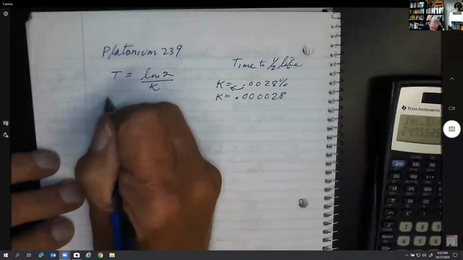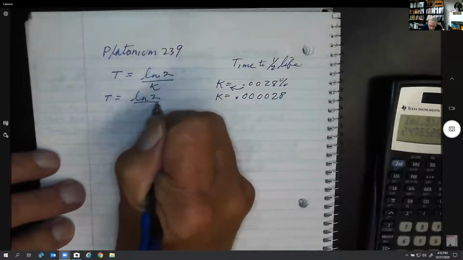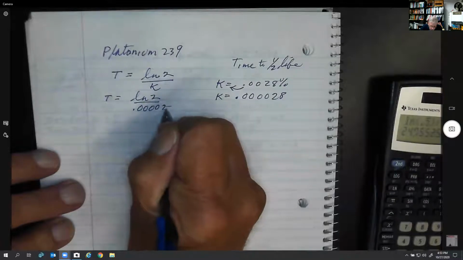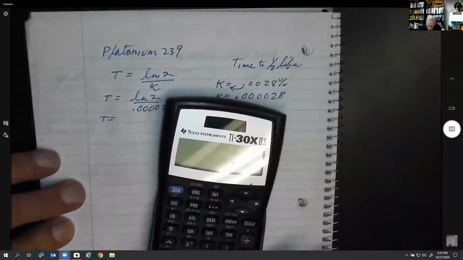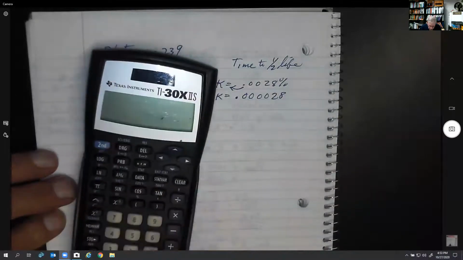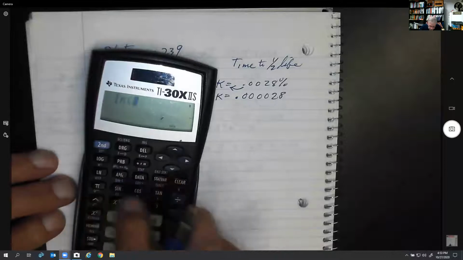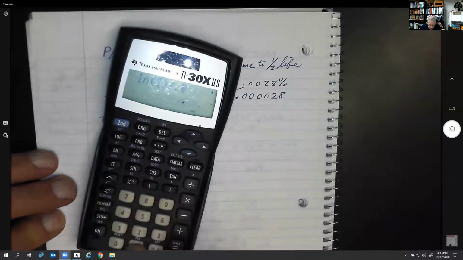So the time it's going to take to get to its half-life is ln 2 divided by 0.000028. So let's see what that comes out to be. Let's clear this calculator, turn it on, clear it out. ln 2 divided by 0.000028.